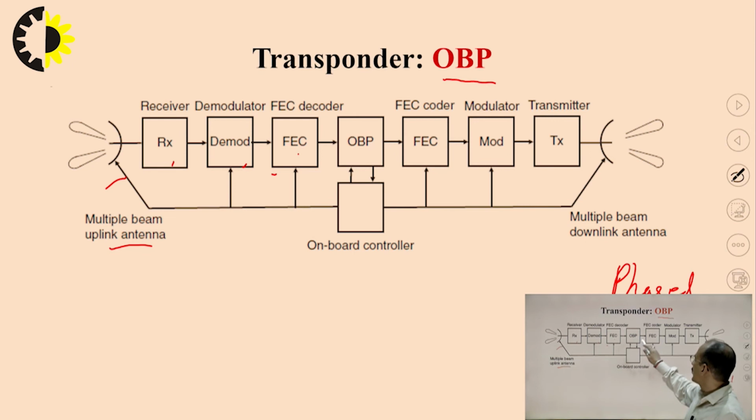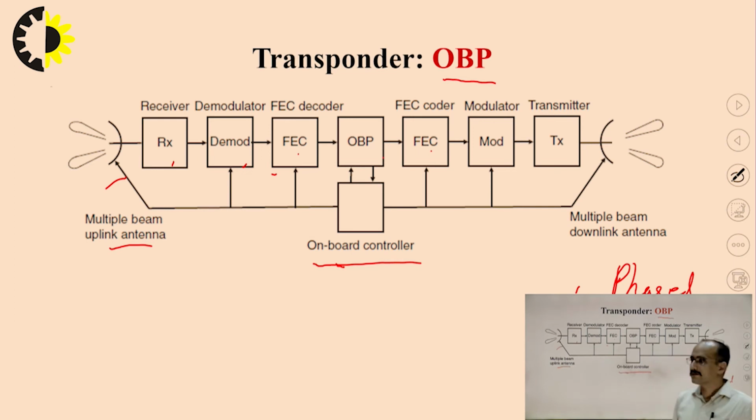Then the signal goes towards the FEC coder, so the data is coded. Then the modulation and the transmitter, with a combination of low power and high power amplifiers. Similarly, to govern, operate and command all these blocks simultaneously and synchronize them, an onboard controller is placed.